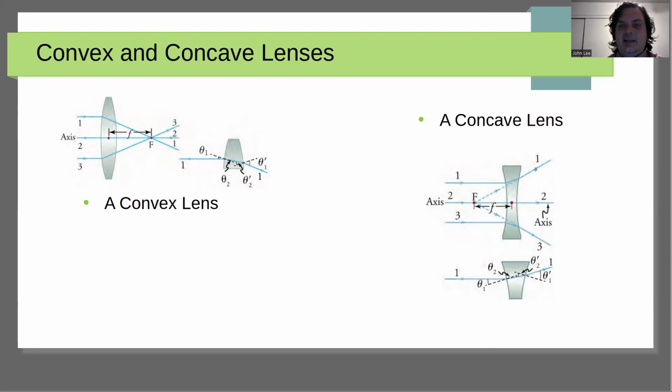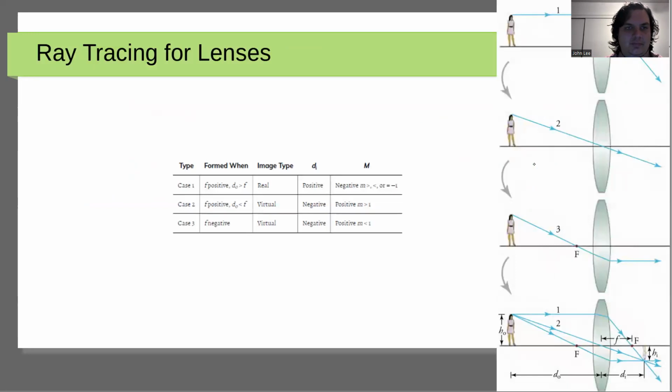They only get bent so that it looks like they came through there, and that's going to be a virtual image.